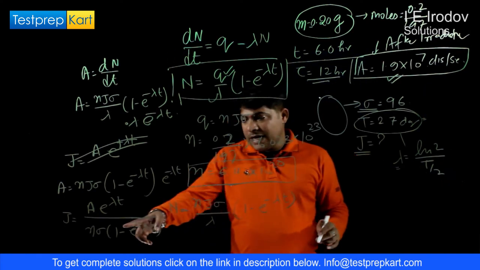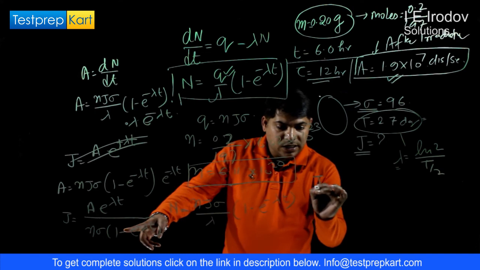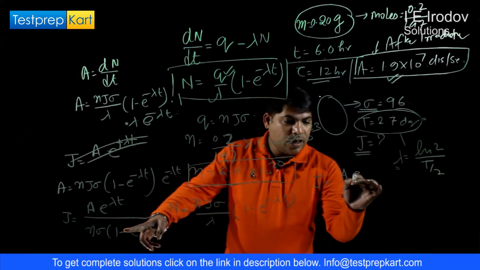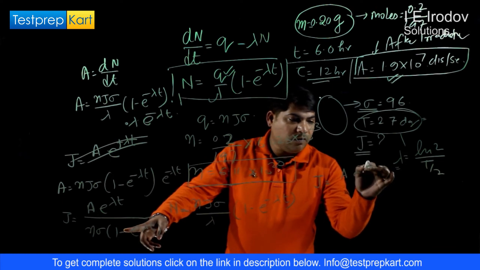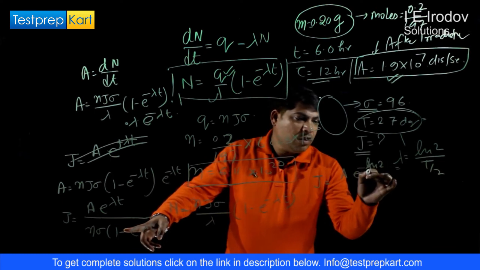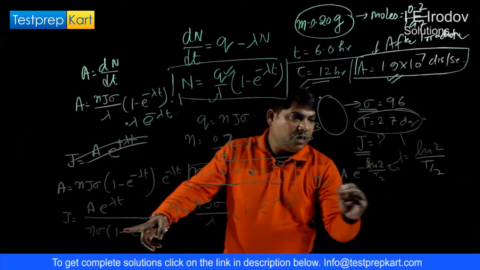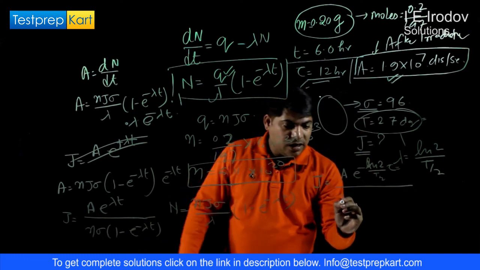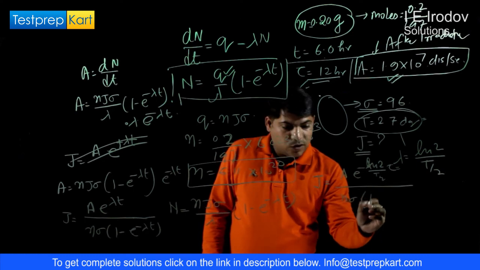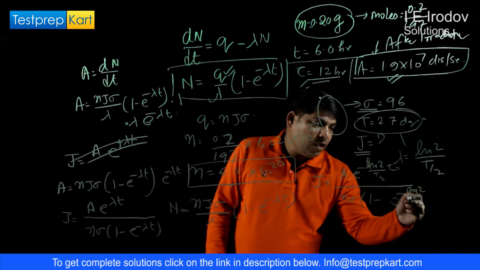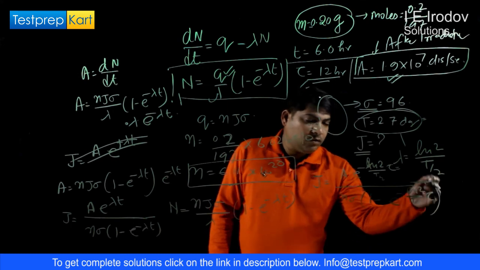So j equals A times e to the power ln 2 upon t half times tau, divided by n sigma times (1 minus e to the power minus ln 2 upon t half times tau).